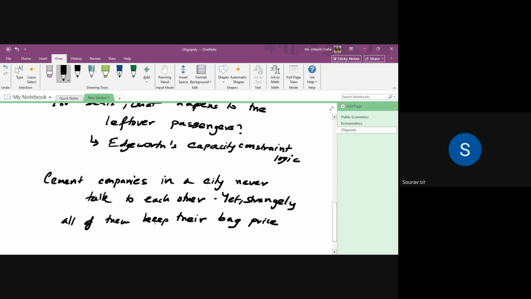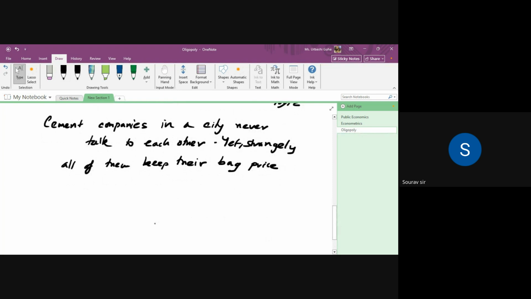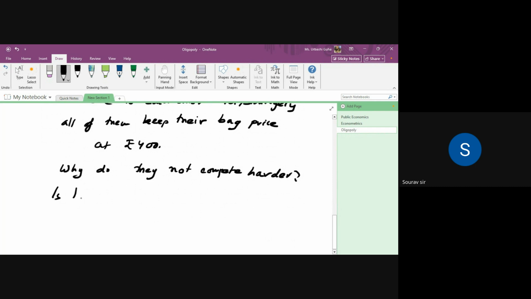No one is talking, but all of them keep the same price. The question is, why do they not compete harder? Is this a coincidence, or something deeper? That we have to understand. So there we will have Chamberlain's tacit collusion.